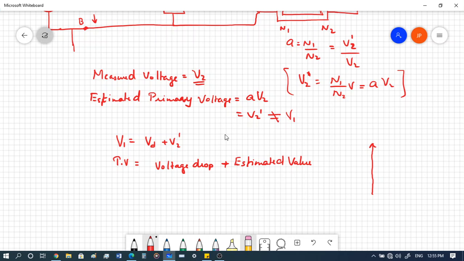So let's say this is V2 dash, and Vd is somewhat at this particular angle. Here is resistance and inductance, reactances in this loss, and this is the equivalent vector, which is V1. So definitely there is a magnitude error and also a phase error.